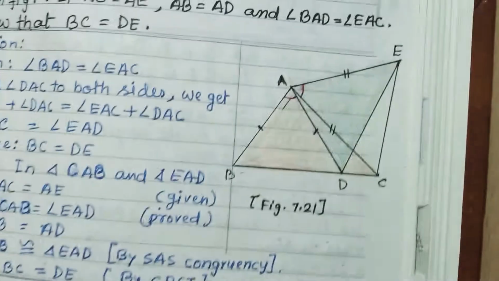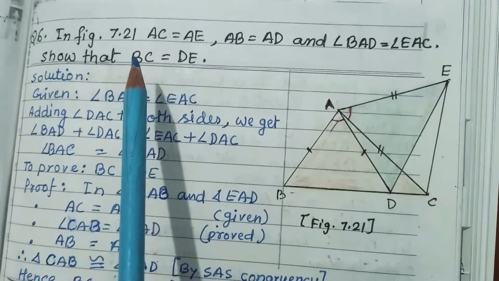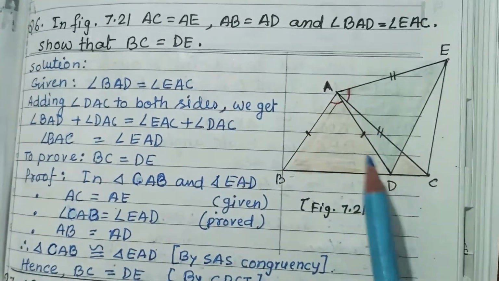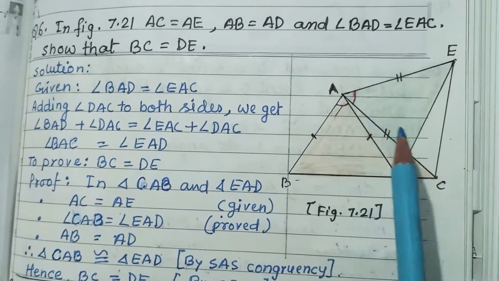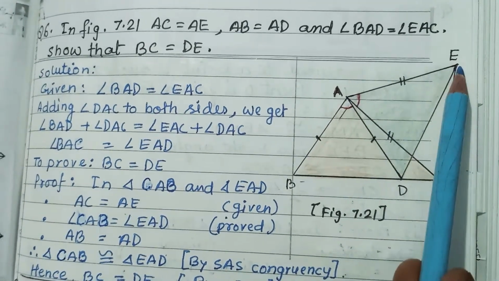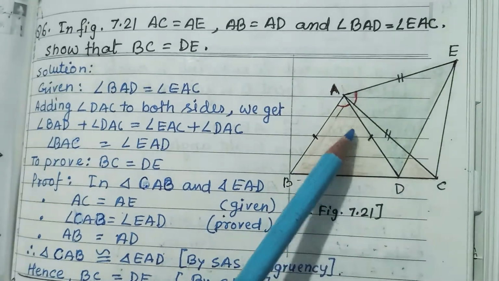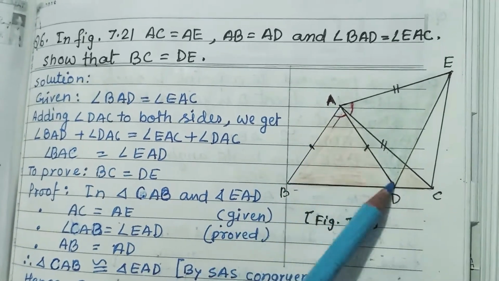Now next is question number 6, in figure 7.21. In this figure, AC and AE are equal and AB is equal to AD. These two are equal.